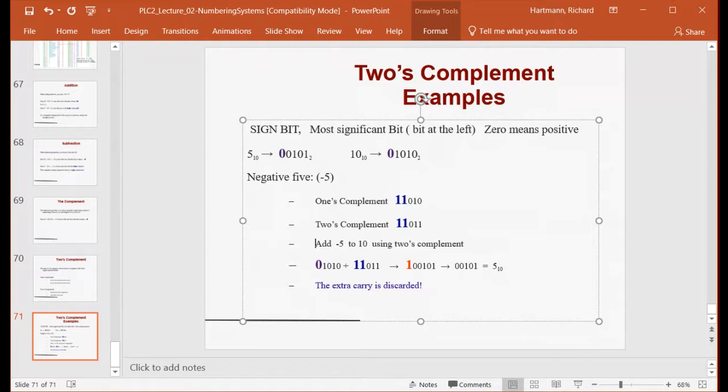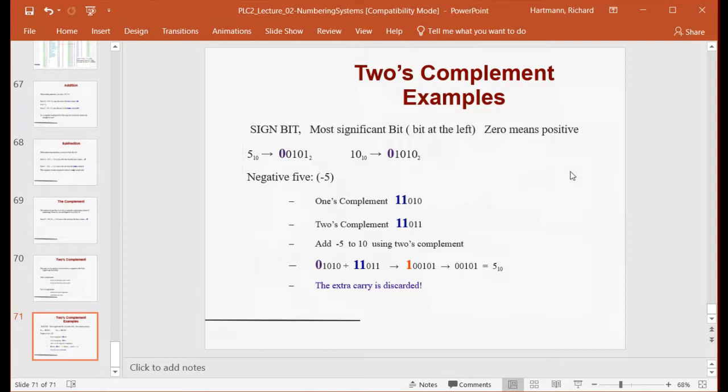So twos complement is, if you're going to put a negative value inside of a computer, you're going to store it as a twos complement, and then you can do math on it very easily, because you just need an adder circuit. You never have to subtract.